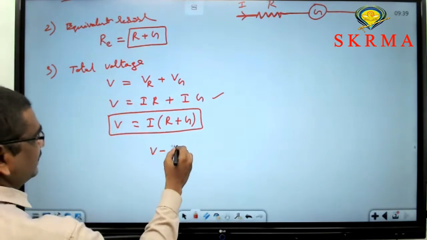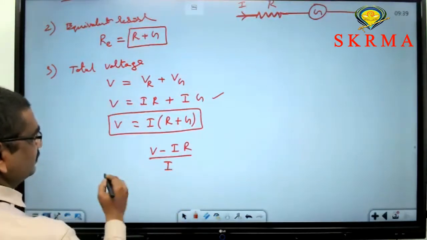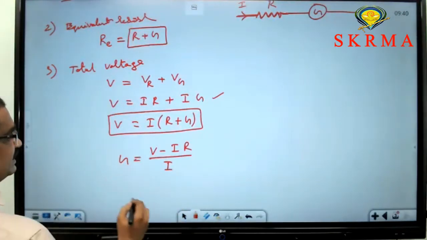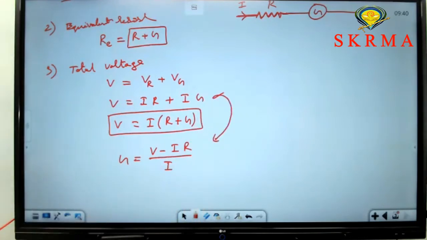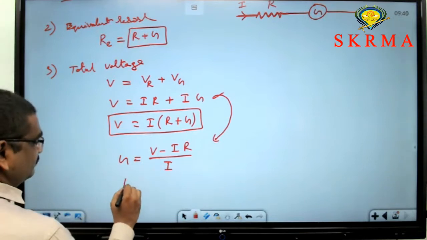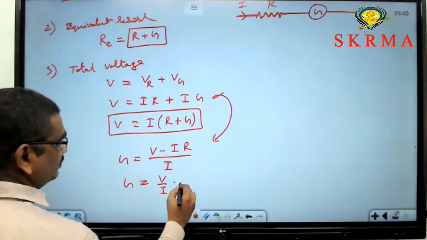G equal to V minus IR by I. Can I write it like this? Separating this, G equal to V by I minus R.